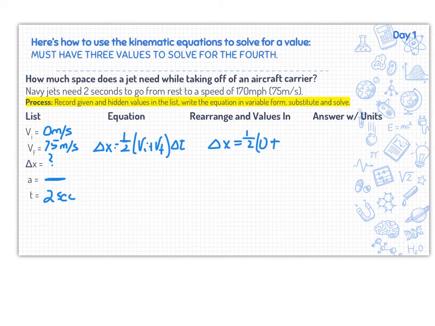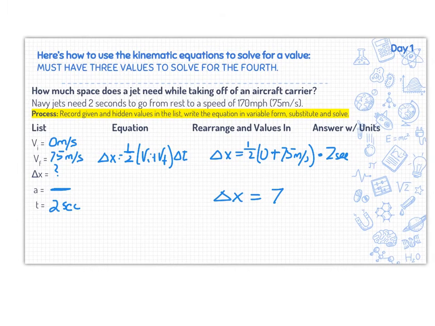Rearranging, I'm going to substitute my values in, knowing delta x is equal to 1/2 times (0 for the initial velocity plus 75 meters per second for the final) times 2 seconds. This will solve then for 75 meters, which would be the answer for the distance traveled while this jet is taking off.